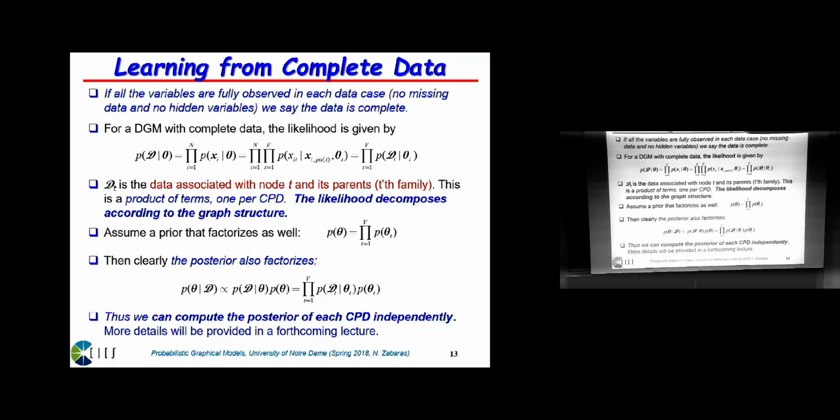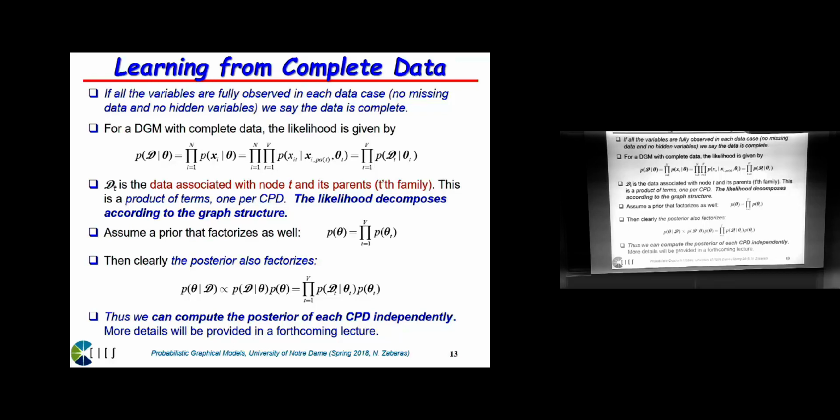And why is this important? Because it tells you that this parameter theta t for each node t can be computed separately from the parameter, let's say, theta t plus 1 or theta t plus 2. So you can actually compute the parameters locally for each node because they decouple.